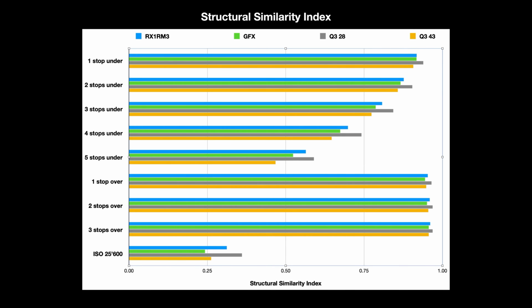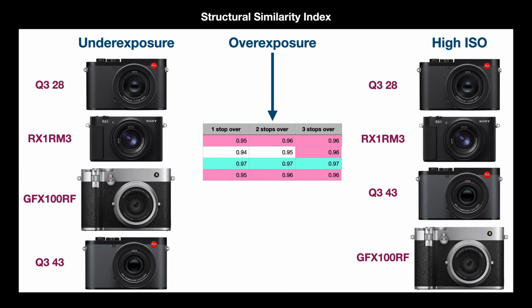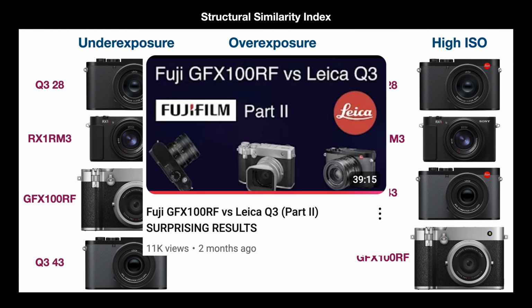This time, because these cameras behave totally different with respect to underexposure, overexposure, and high ISO behavior, I actually grouped them and ranked them within these 3 groups. And if we look at the left-hand side first, for underexposure, it's the Q328, then it's the Sony, then it's the Fuji, and then it's the Q343, which again is consistent with results I presented in previous comparisons and videos.